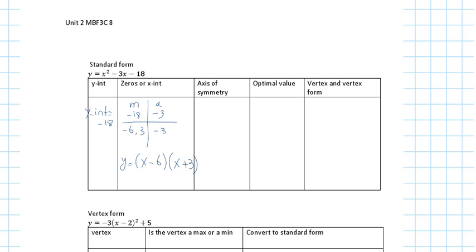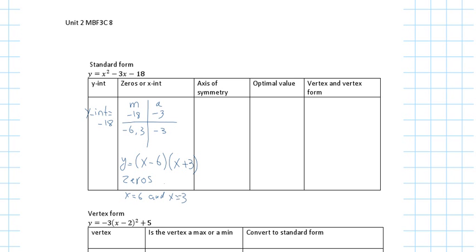Are we okay with this part? So what are my zeros? 6 and negative 3. So the zeros are x equals 6 and x equals negative 3.